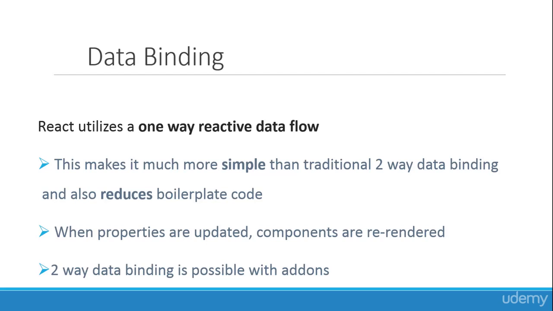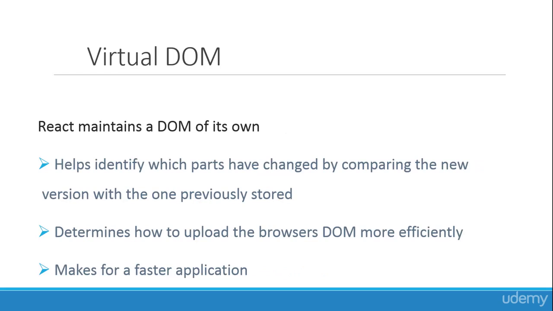Now, like I said, by default, data flows only in one direction, so it flows from parent to child. Now, in some situations, you may need two-way data binding, and that's absolutely possible. You just need to use some kind of add-on. An example would be React Link, which is really easy to implement, and it will give you two-way data binding, much like AngularJS. And we'll touch more on that later on.